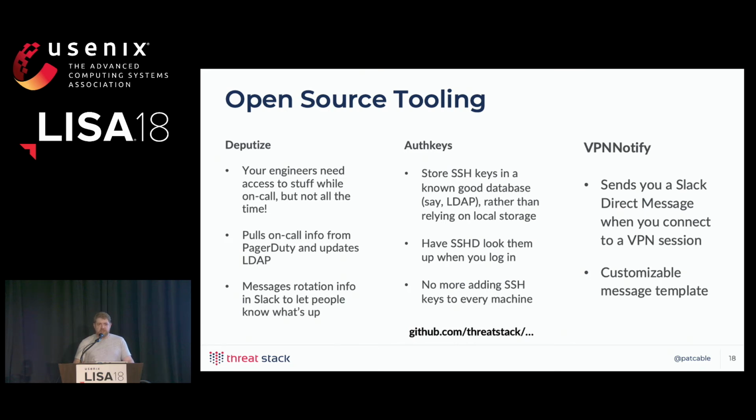So we also no longer need to push this out across every machine. Similarly, we have a little thing called VPN Notify that sends you a message when you connect to a VPN. We have a customizable message template for that too. These are all things that we've built and we have on github.com/threatstack/ the tool name.